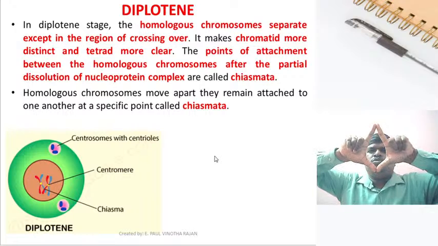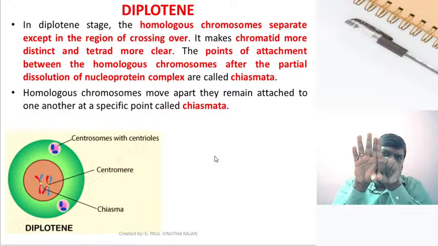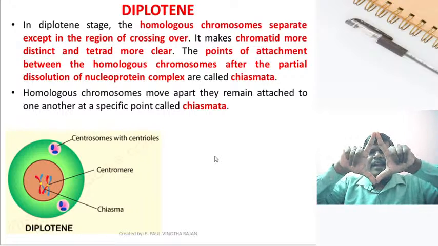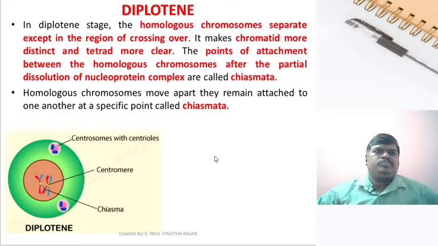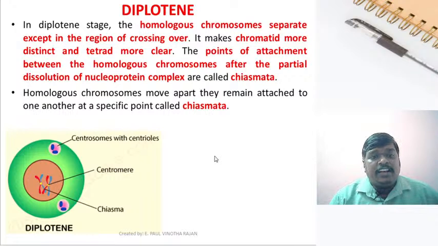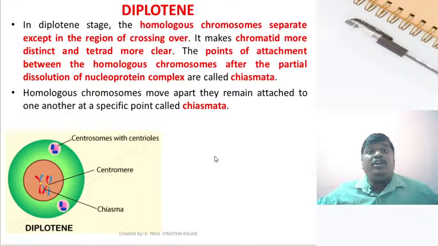Previously it was like this, and now except this part, the other parts get separated. You can clearly see the chromosomal structure during the diplotene stage.